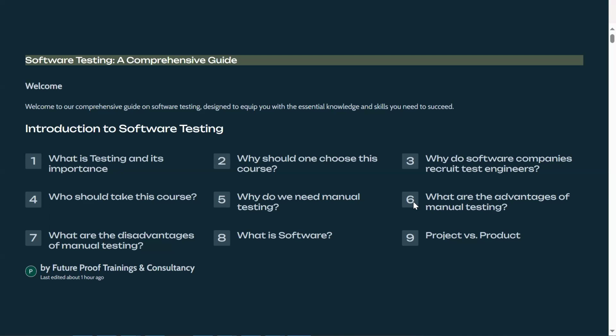Basically, the advantage of manual testing is, as I said, any graduate or a person who has a gap of 1 to 5 years, with a BSc, BCA or BCom background, is eligible to do this course. Even BTech, CSE, ECE, EEE, mechanical are also eligible.